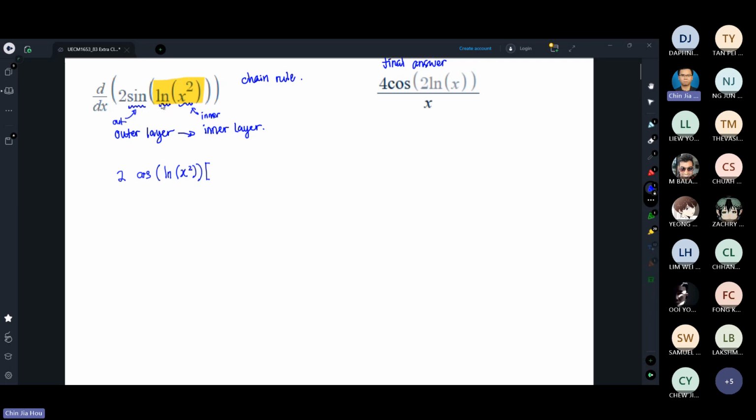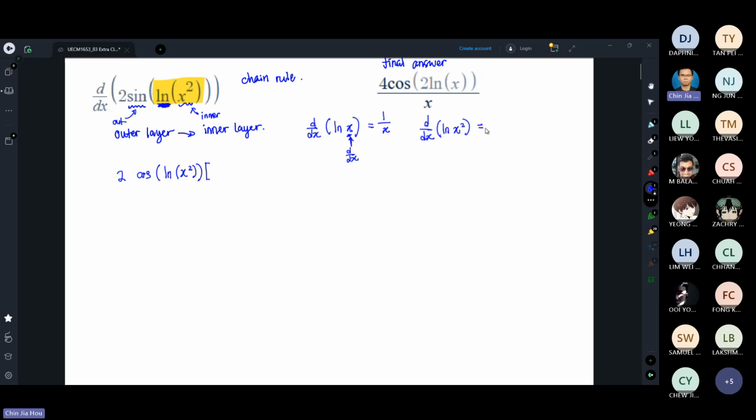Now we want to deal with the ln here. If we differentiate ln, what do we get? From the base, if we have ln x and we differentiate this with respect to x, then we are supposed to get x in the denominator, and then we differentiate this x, we get 1. Now, in this case, we have ln x squared.